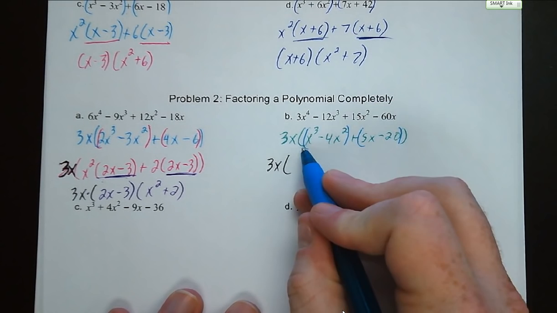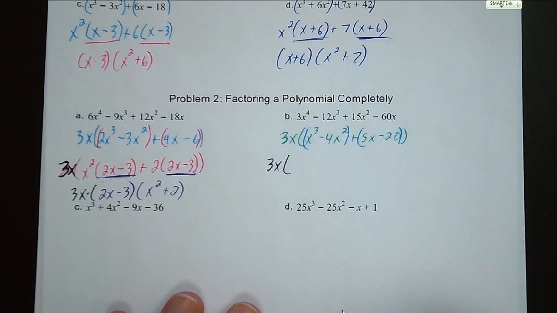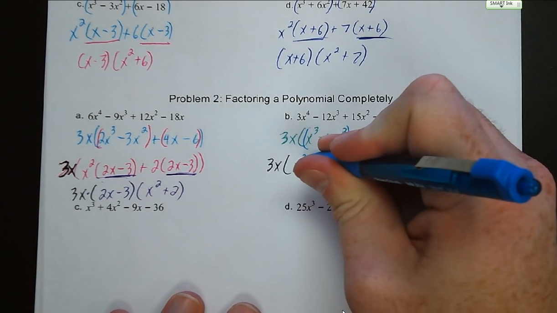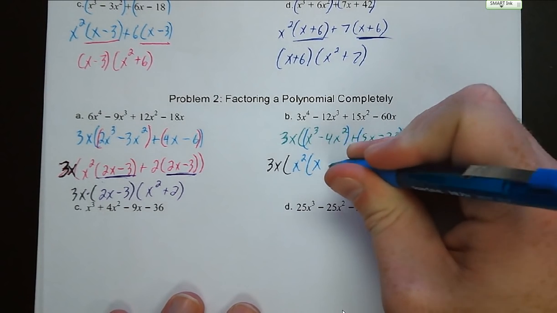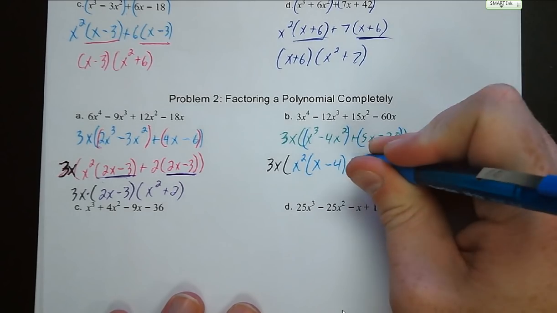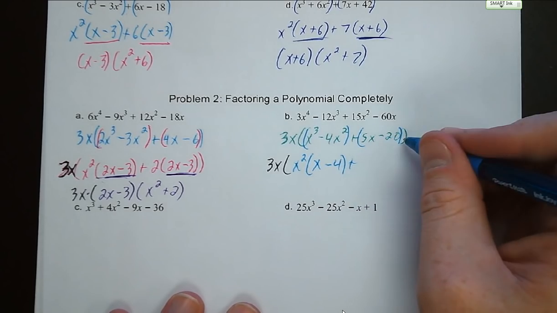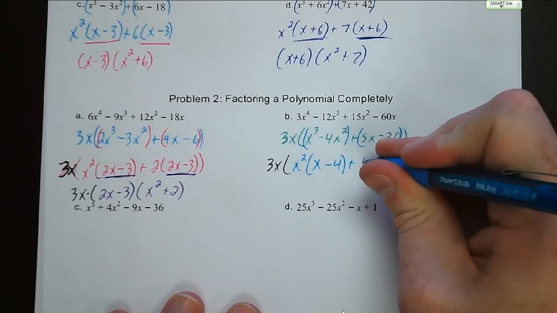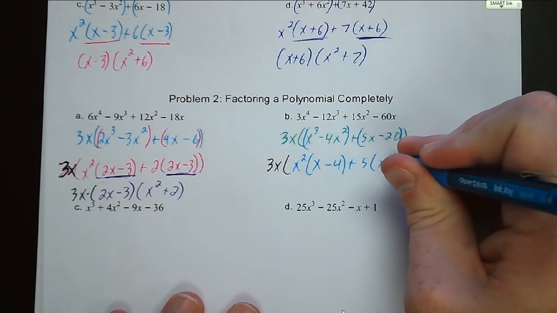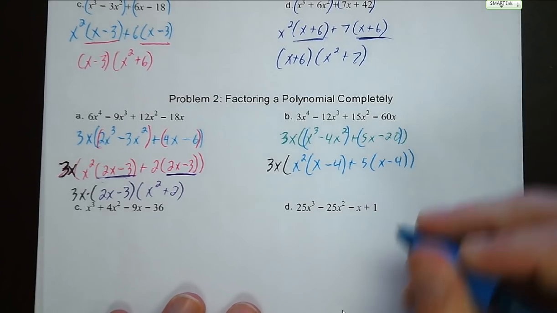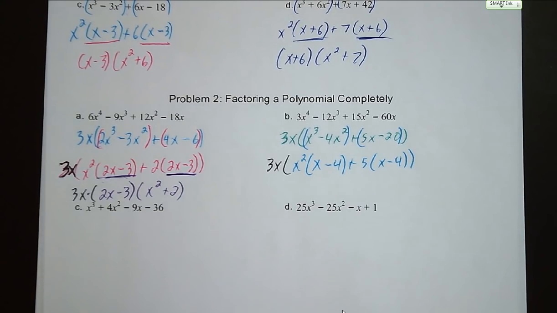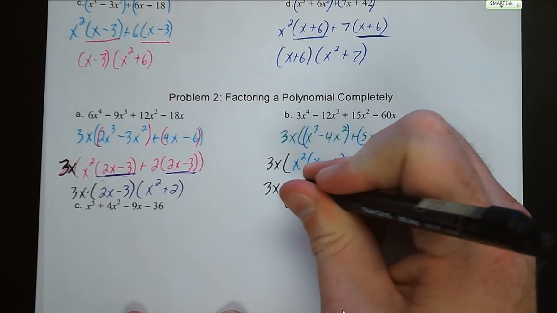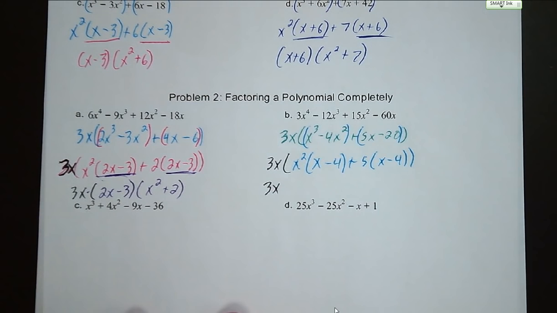So x cubed and negative 4x squared. Again, I can bring out an x squared from that, and I have x minus 4. 5x and negative 20, I can bring out a 5, and I'm left with x minus 4. So now we have 3x still out in front. It doesn't matter right now.